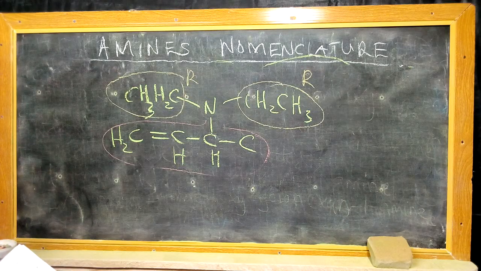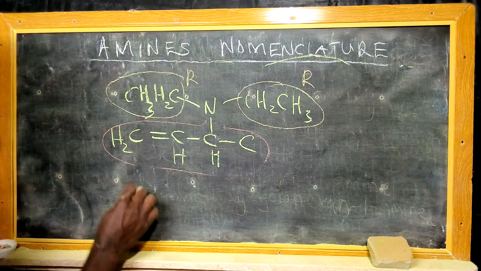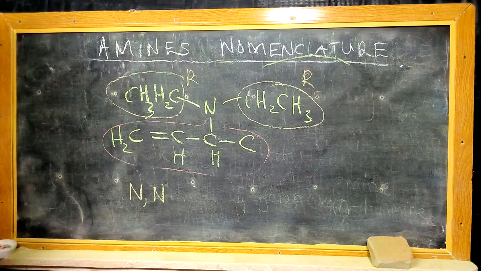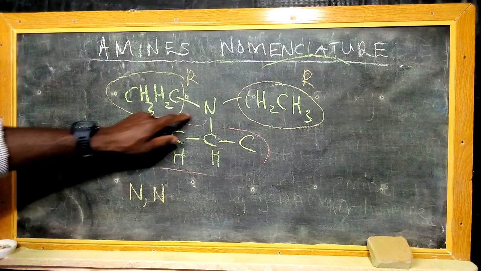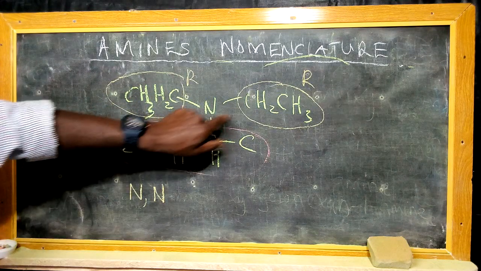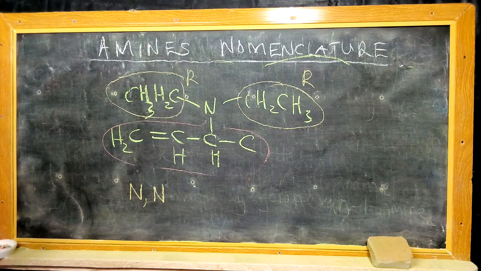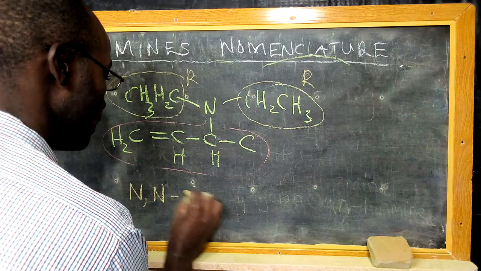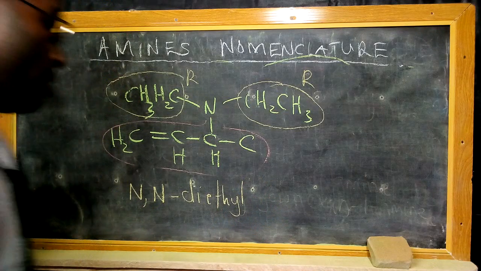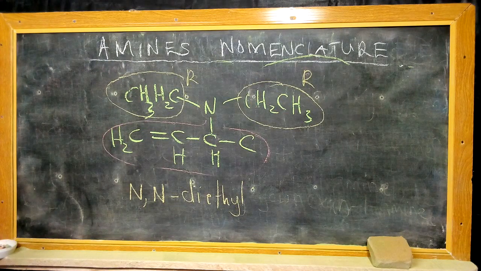So the name will start by the letter N, as we said. N means there's a substitution of the ethyl group here, and another N, there's another substitution at that particular point still. Diethyl, and then that is a 4-member carbon.